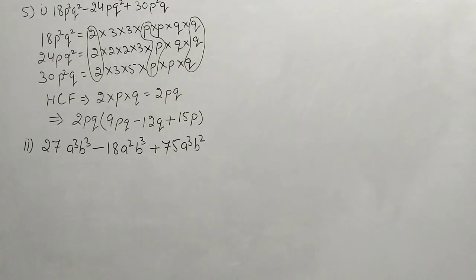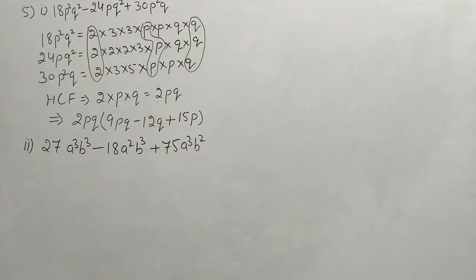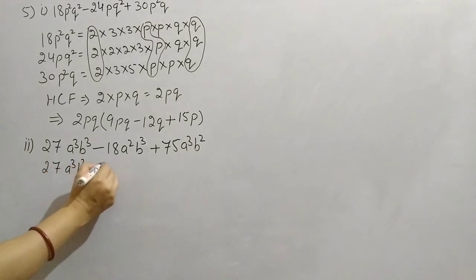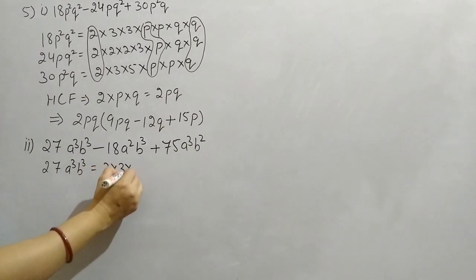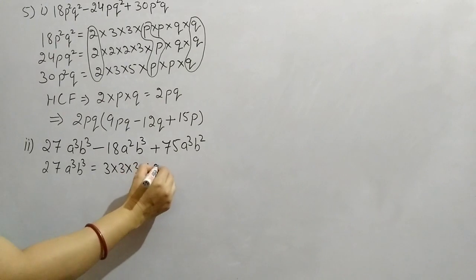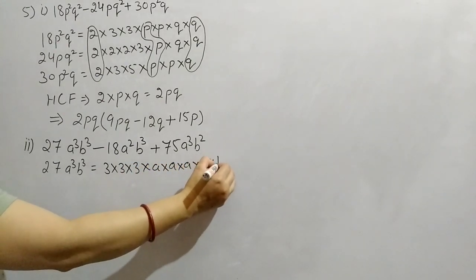Next, fifth question, second part: 27a cube b cube minus 18a square b cube plus 75a cube b square. So first term, if you split, you will get 3 into 3 into 3, 3 3 is 9, 9 3 is 27, then a into a into a and b into b into b.